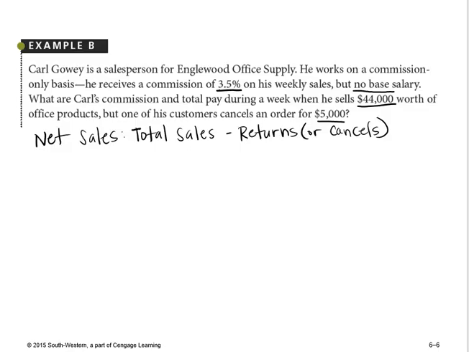Okay, and so now that I have my formula, I can plug it in. So he had total sales of $44,000 minus $5,000 worth of cancels. This gives me net sales of $39,000.